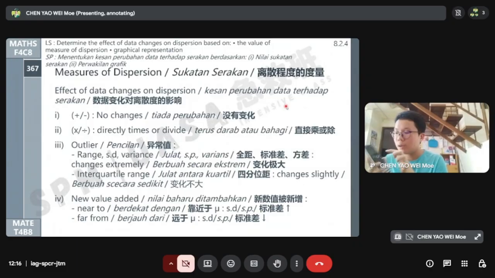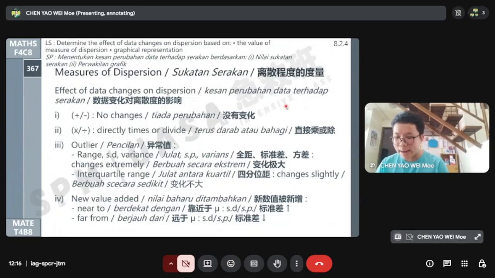Got an outlier, got an outsider. This outsider makes the range, the SD, the variance change extremely. But the interquartile range will change only slightly, because the interquartile range is determined from the position of data. Determine the quartile, not the value.